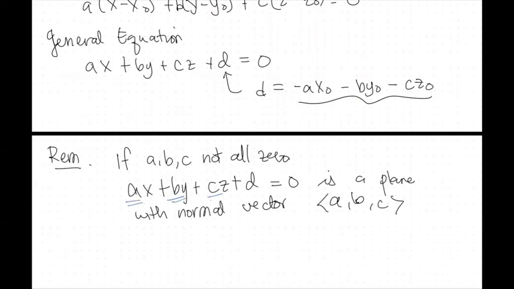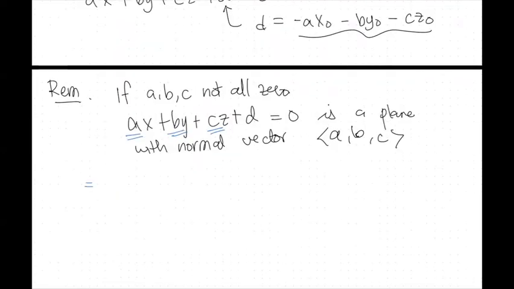This A, B, and C here. So if you have the general equation of the plane, then you can predict the normal vector. And then I will also add some remarks from geometry.